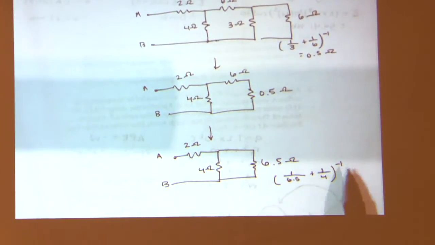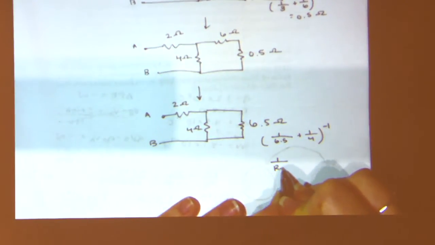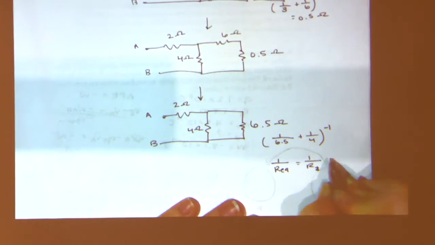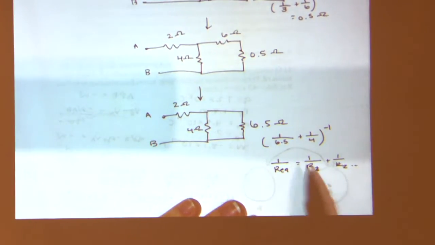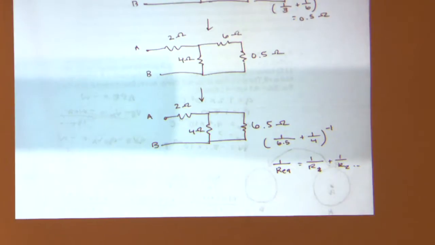Remember, don't forget that negative 1, because the actual equation is 1 over R equivalent equals 1 over R1 plus 1 over R2, and so on. If you don't take that negative 1, you didn't solve for R equivalent, you solved for just 1 over R equivalent. So make sure you do that.